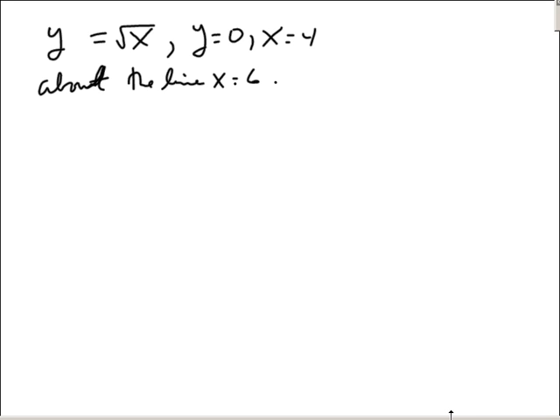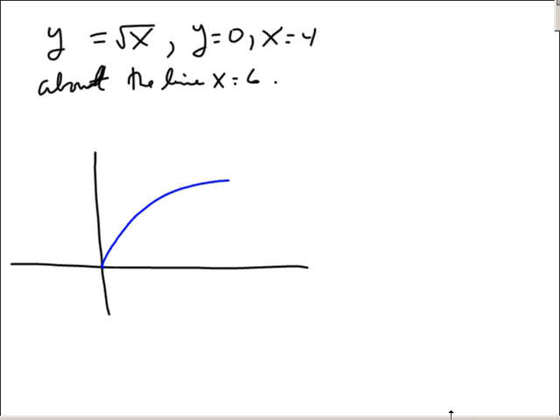Okay, so let's find the region. y equals square root of x goes this way. And y equals 0, well, that happens to be the x-axis. And x equals 4, well, for argument's sake, let's say that's 4.